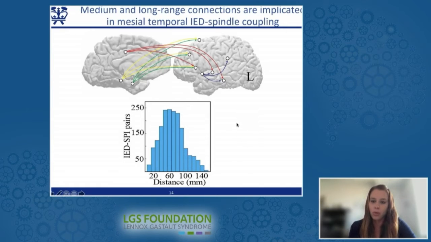So this wasn't a local phenomenon; it was actually affecting large-scale interactions. When we quantified this by measuring the Euclidean distance between the electrodes, we found that on average, the distance between the IED and its evoked spindle pair electrode was about 6 centimeters. So this pathologic coordinated brain activity spans medium to long distances rather than remaining a local network phenomenon.